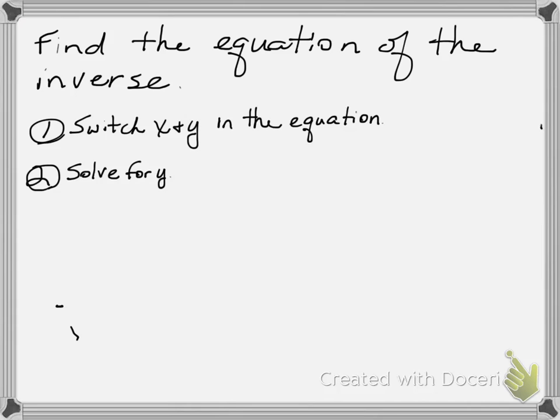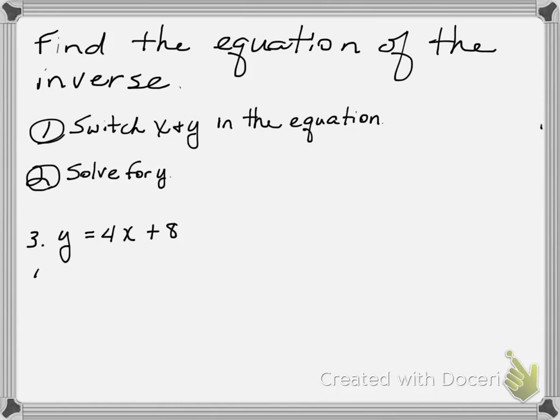Okay, so now let's do some examples so you can see what that means, because it's easy to say and really not hard to do, but you may not quite understand. Example 3, if you have the notes printed out, is y equals 4x plus 8.